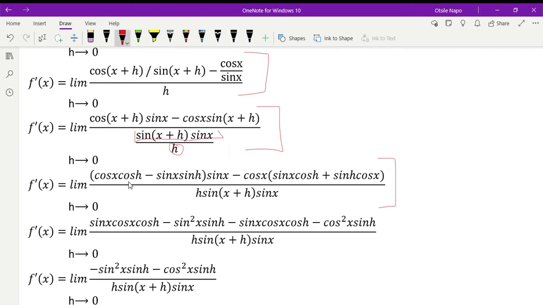Note that the identity is different for sine and cos. On cos, when we have a plus sign, our formula is going to have a negative sign. But on sine, if we have a positive, we are going to have a positive even in our formula. So you can identify it here on the steps.